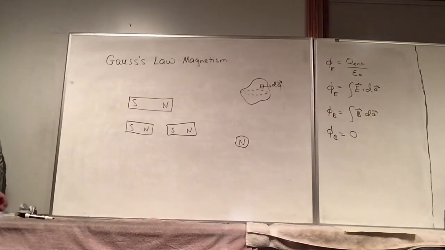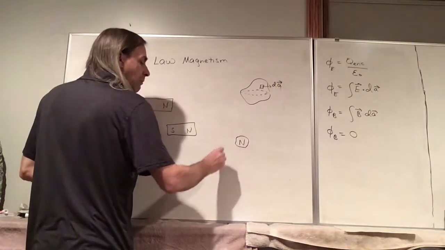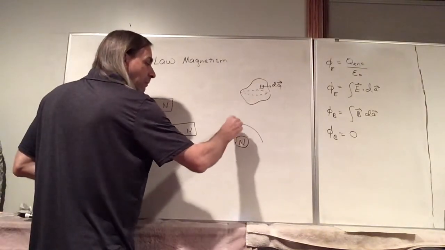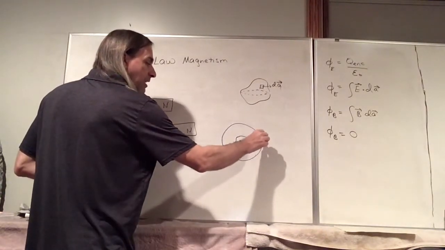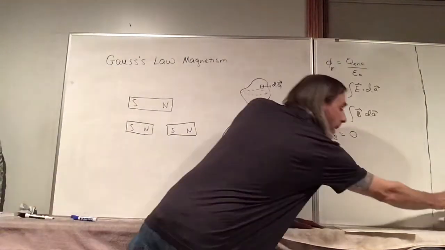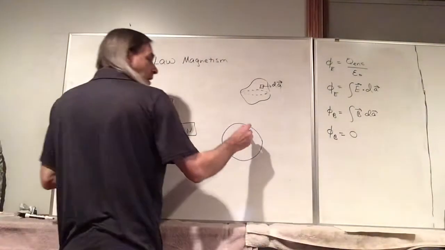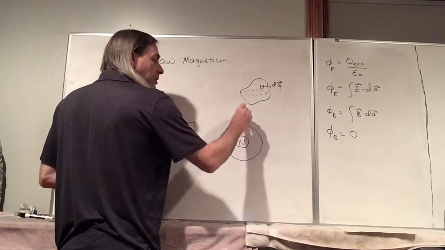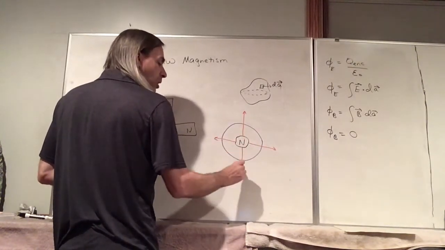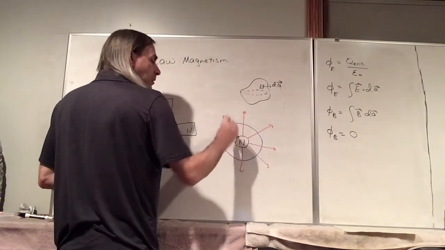And so if we draw a Gaussian surface around this, okay, let's try that again. So we draw a Gaussian surface, and if this was a magnetic monopole, the same rules would apply as for electric charges. The field lines would start on positive or north charges, and they could only end on a south pole.